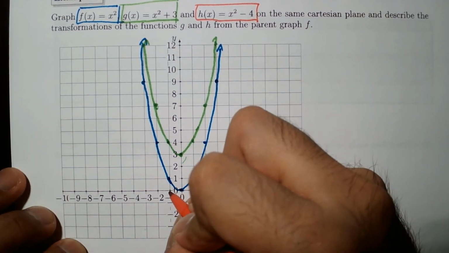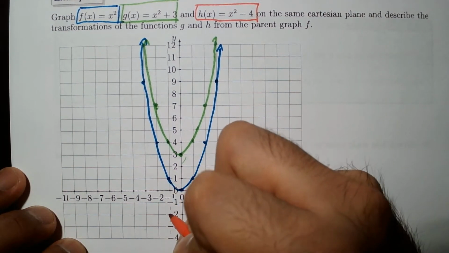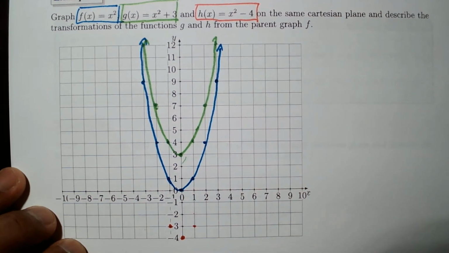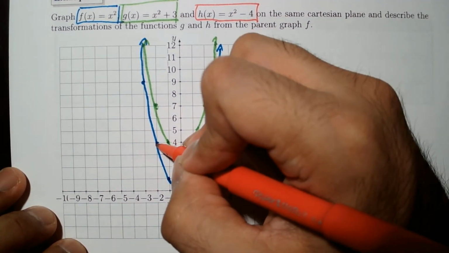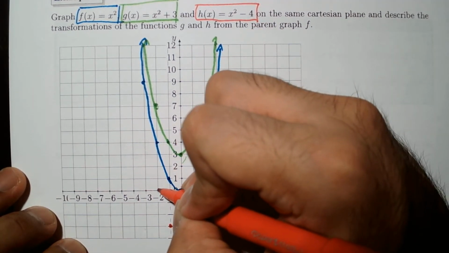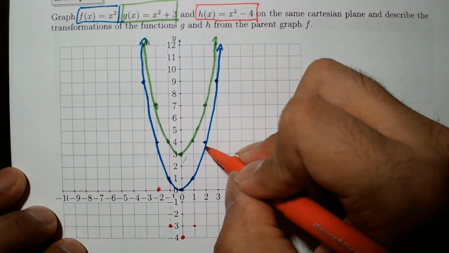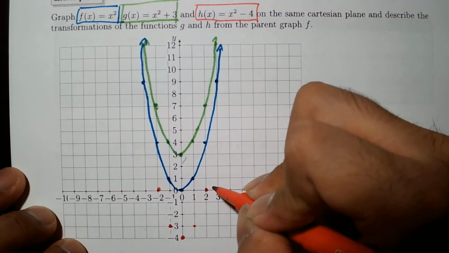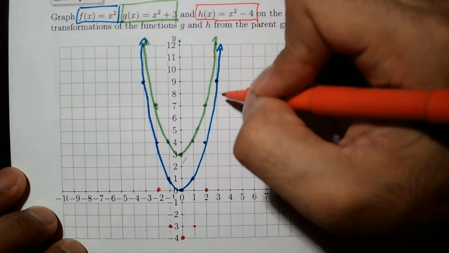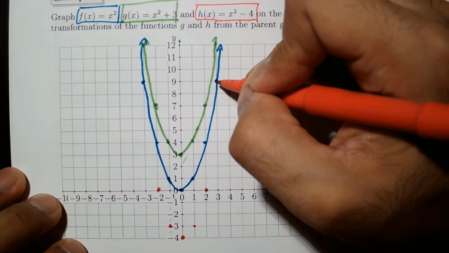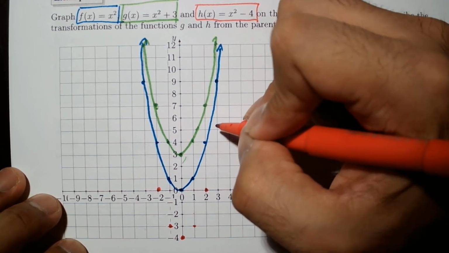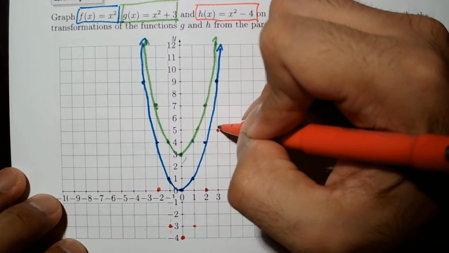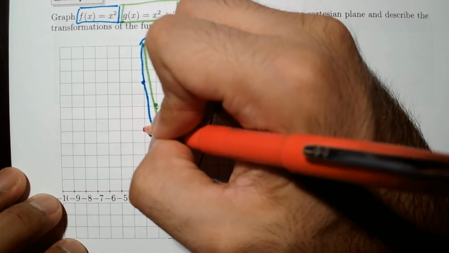For the point negative 1, 1, I'm going to go 1, 2, 3, 4 units. The point negative 2, 4, I'm going to shift 4 units down. The point 2, 4, shift it down 4 units. The point 3, 9, shift it down 4 units. And then same by symmetry here.